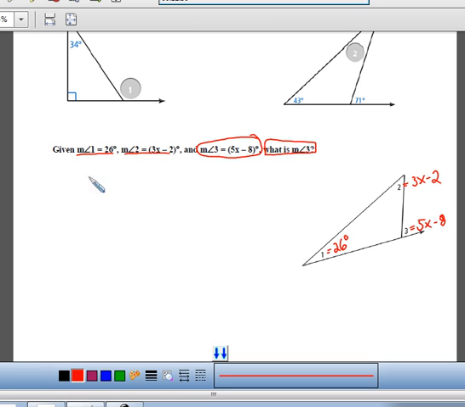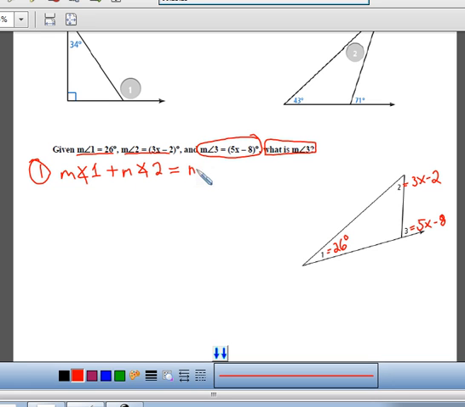Notice I used my buck strategy, underline, circle, box, all that good stuff. Alright, so remember from what we learned up above, the remote interior angles 1 and 2, and they're not always going to be called 1 and 2. They might switch the numbers around, so don't just always add angle 1 and angle 2. So this is step 1.